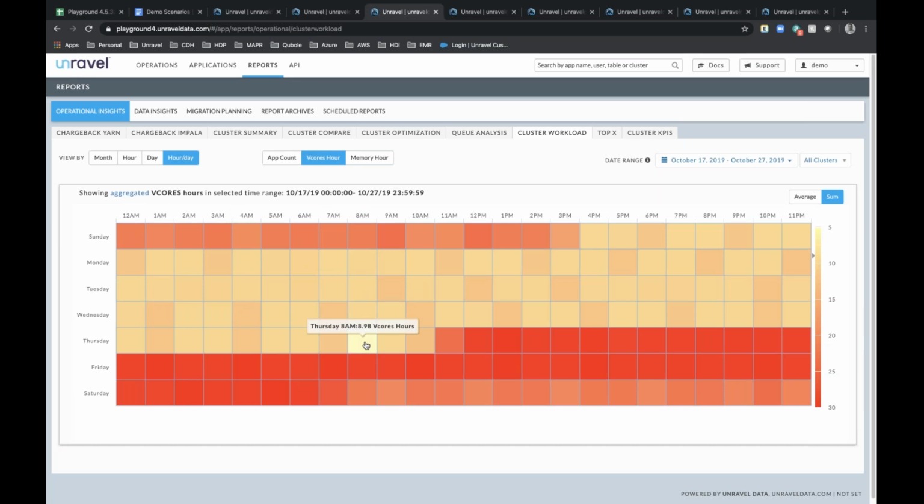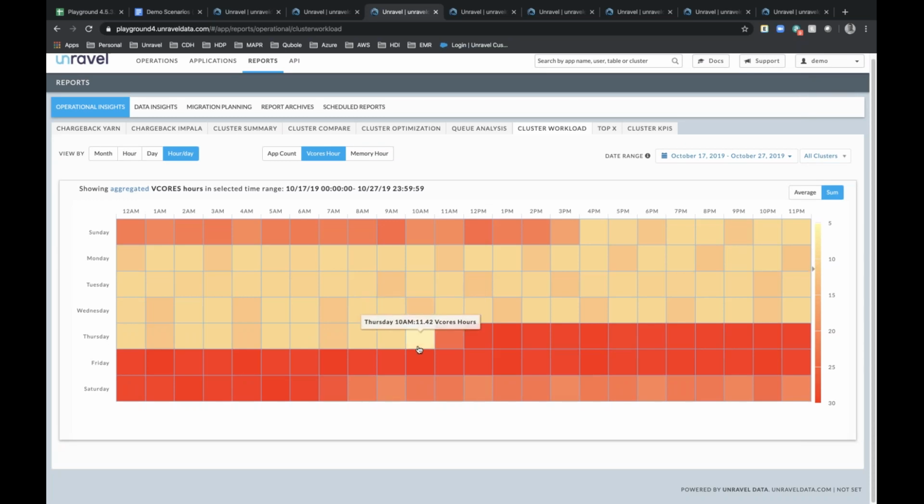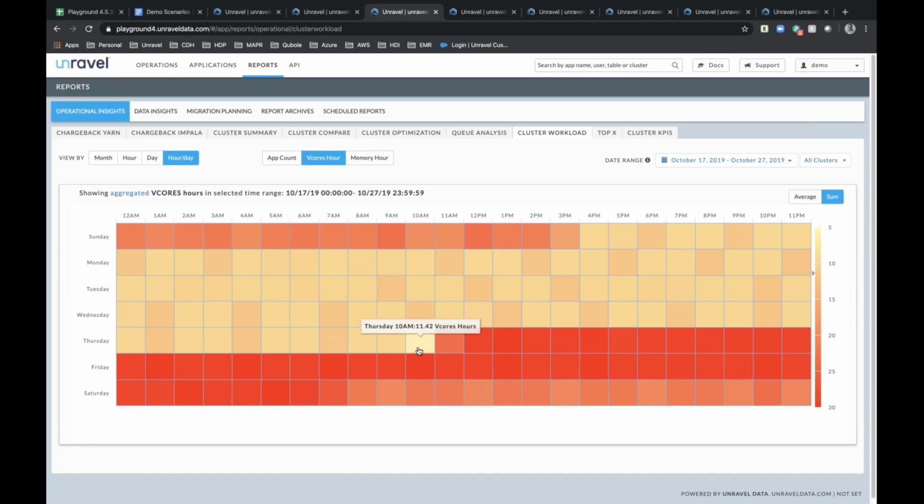It allows you to understand how utilized my clusters are, and when they are most utilized. Are they most utilized on Tuesday mornings or Friday afternoons? So you can figure out the appropriate times to spin down or spin up your clusters. It gives you some understanding of how the cluster is being utilized.